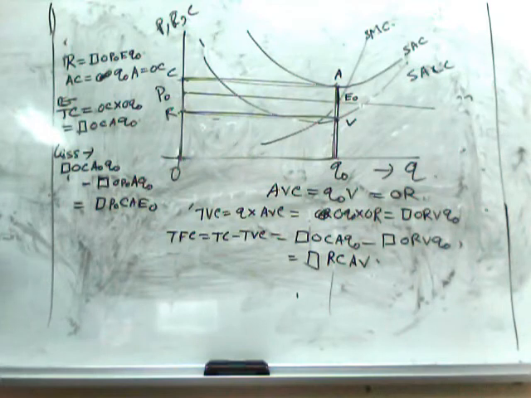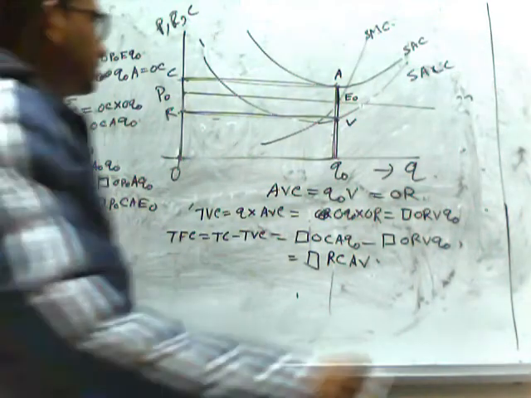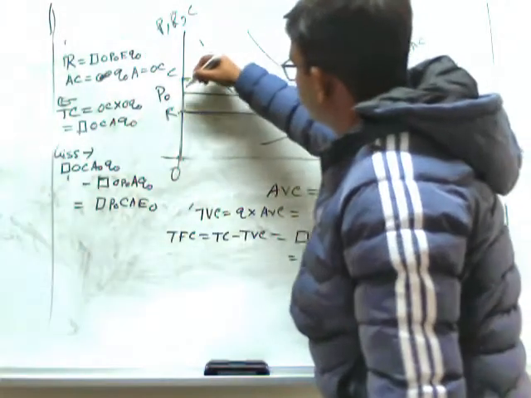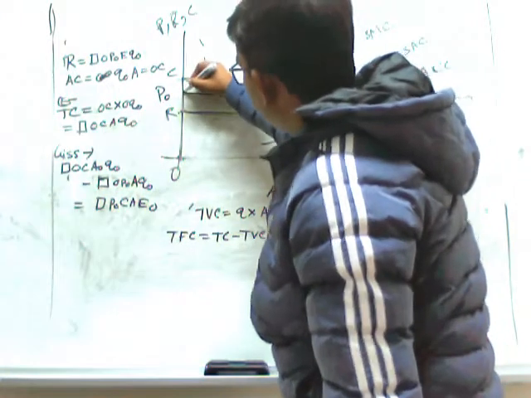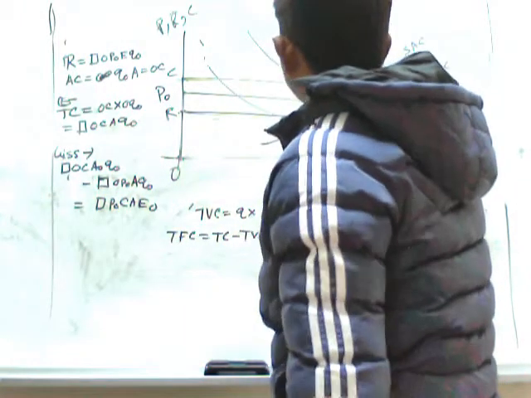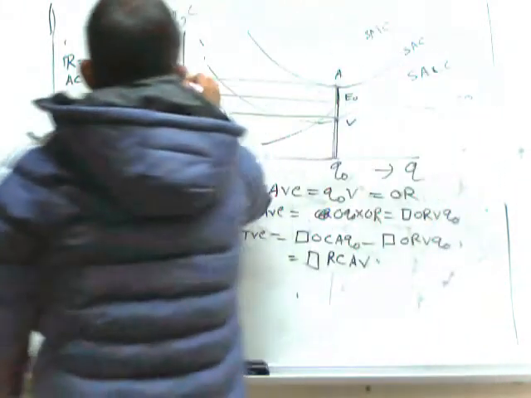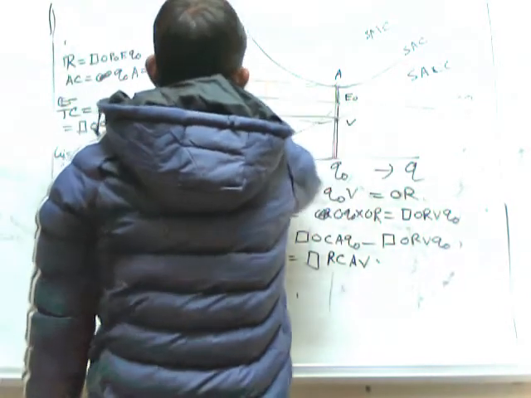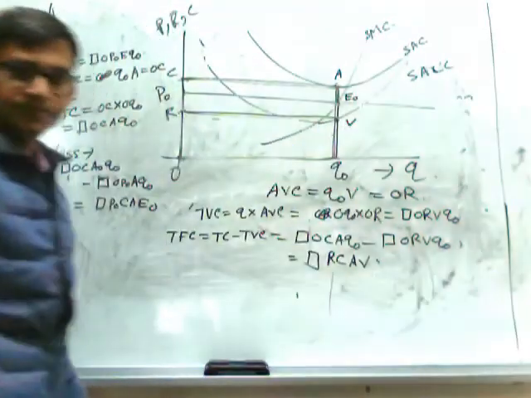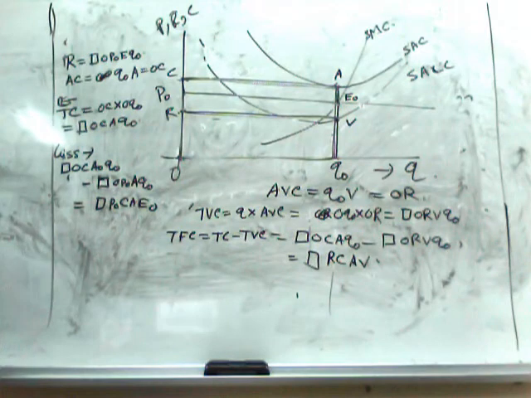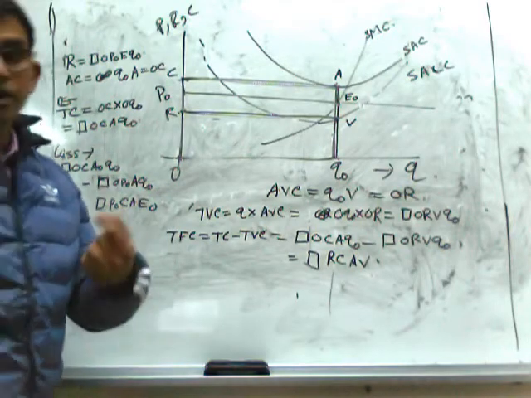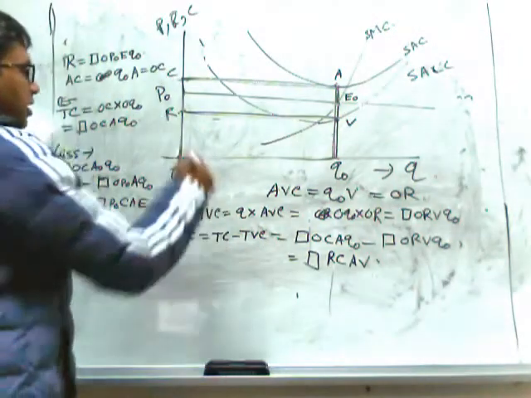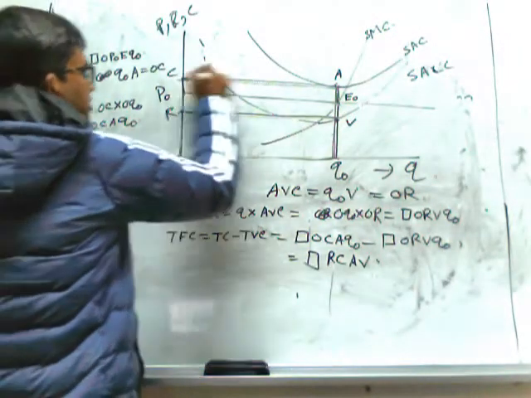If the firm continues production, its loss will be equal to the rectangle P0CAE0. But if it stops production, its loss will be exactly equal to the total fixed cost of production, and total fixed cost of production is RCAV.